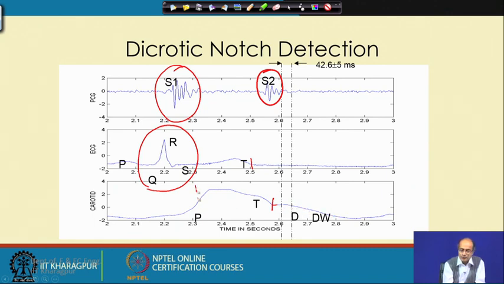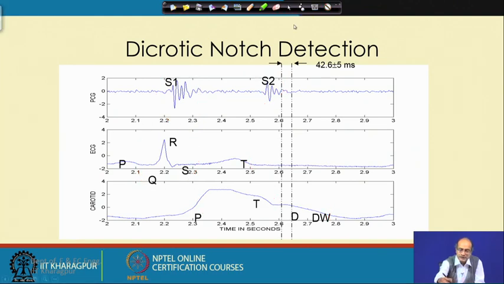So, we can tell this part is the systolic pressure, and this part is the diastolic pressure. In between, this notch in the carotid pulse, if we can catch this position, it can help us get the location of the S2 signal in the PCG signal. So, that is the importance of the carotid pulse signal and the notch. These two are very close to each other.